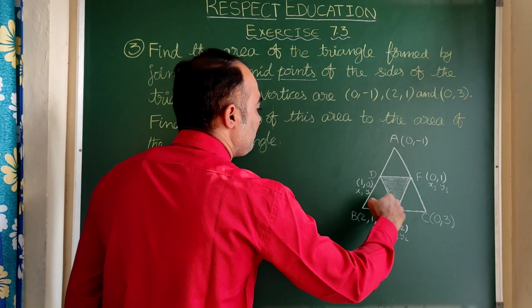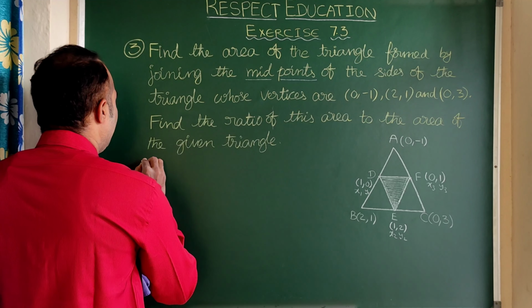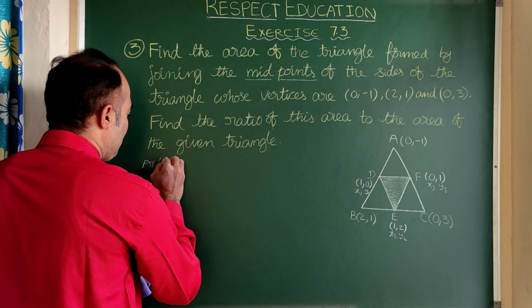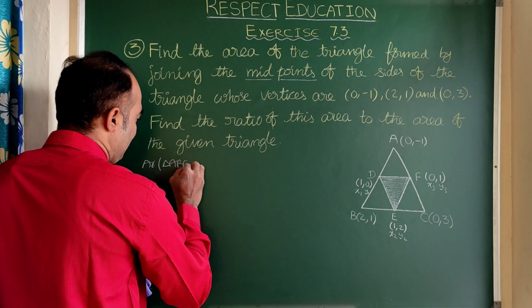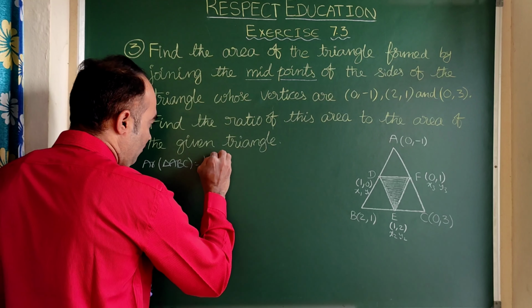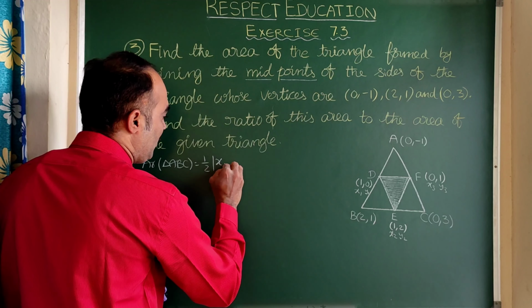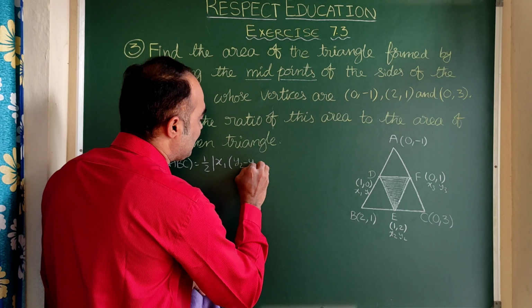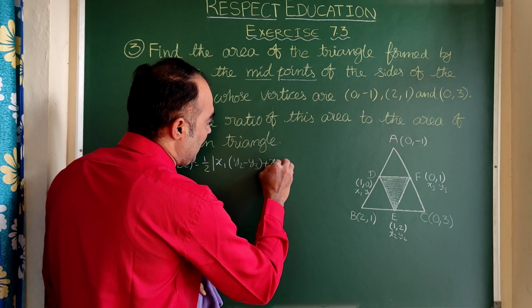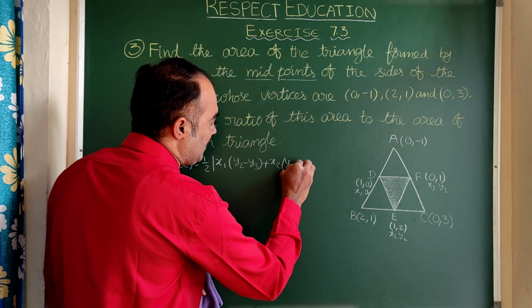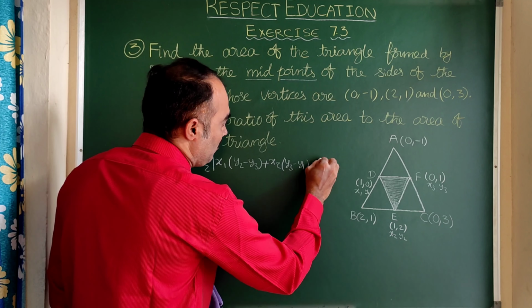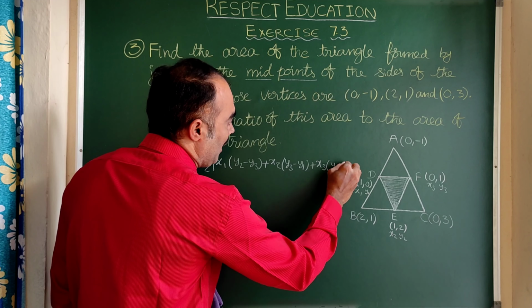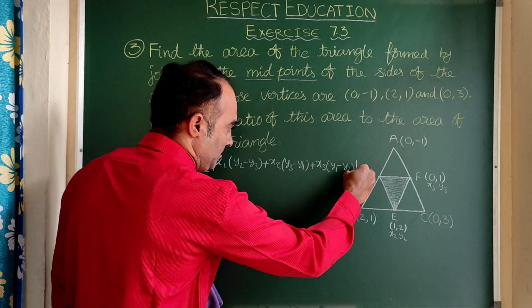Now as we know, the area of a triangle formula, here we are finding the area of triangle ABC, is half mod x1 into y2 minus y3 plus x2 into y3 minus y1 plus x3 into y1 minus y2.